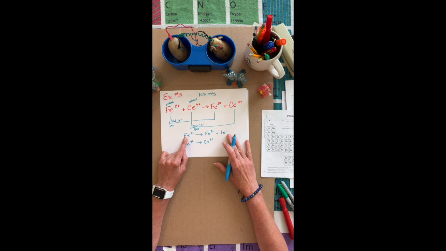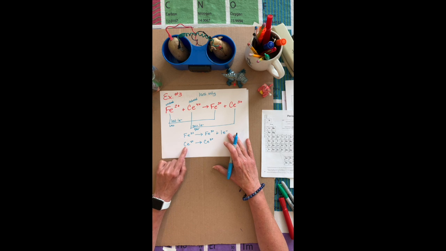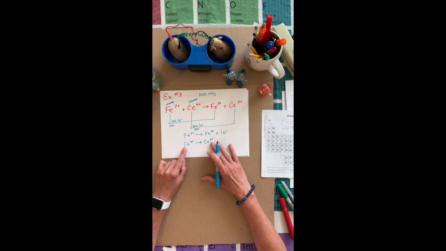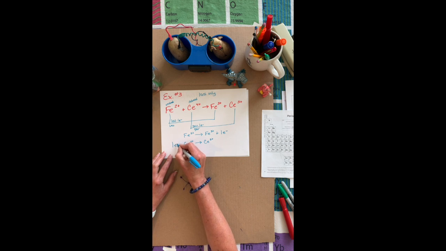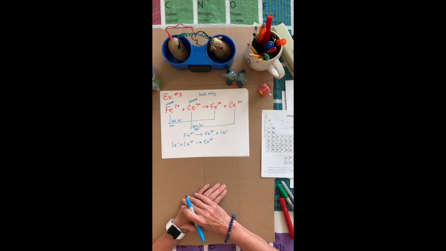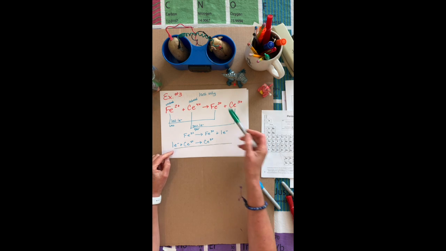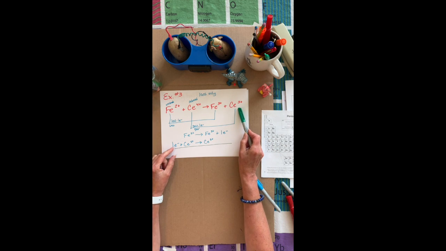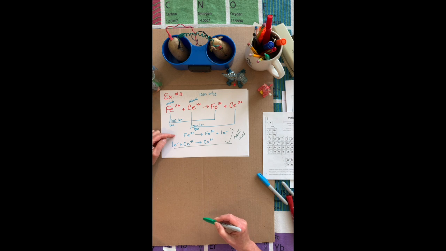This lost an electron. It gets written on the right-hand side. This species gained an electron to become this species, and we write it there. Our net result is shown right up here. This is the oxidation half reaction. This is the reduction half reaction.